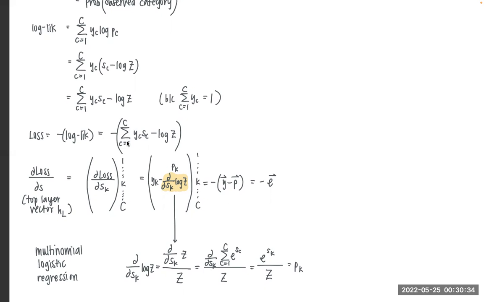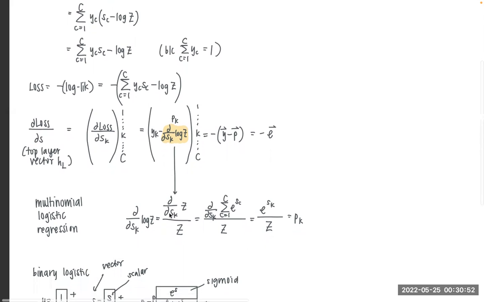This is a sum over C, that's why I use the notation k. For the derivative with respect to s_k, we get y_k, and then minus the derivative of log z with respect to s_k. And this equals what? Let's do the calculation here.